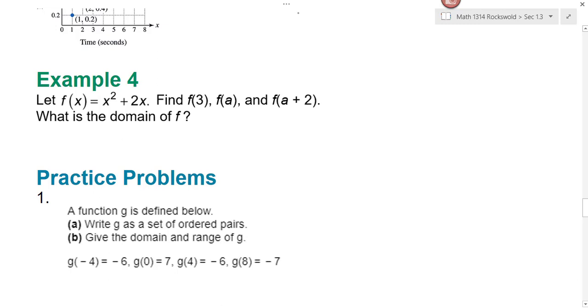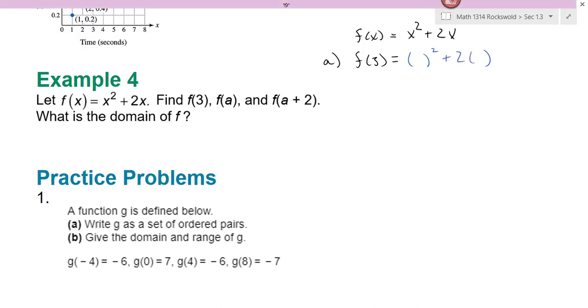So for this problem, I'm told that my function is equal to x squared plus 2x. The first thing I want to find is f of 3. This function has an x for the variable. That means that everywhere I have an x, I'm now going to plug in a 3. The function says you take something, square it, and add 2 times that thing, and that thing that goes in there is the 3.